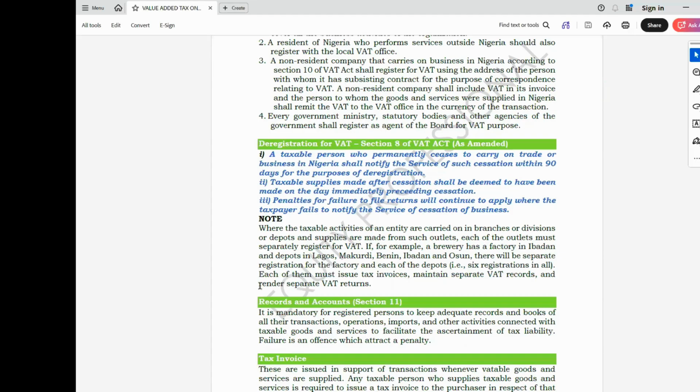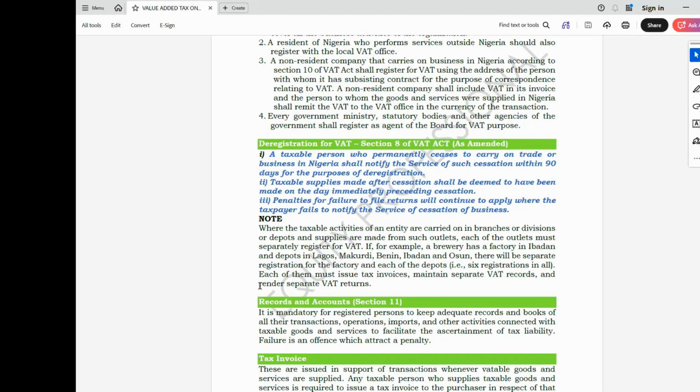Then also, as a vatable person or taxable person, you are expected to keep adequate record of account of every transaction that you carry out that attracts VAT. So ignorance of the law is not an excuse.